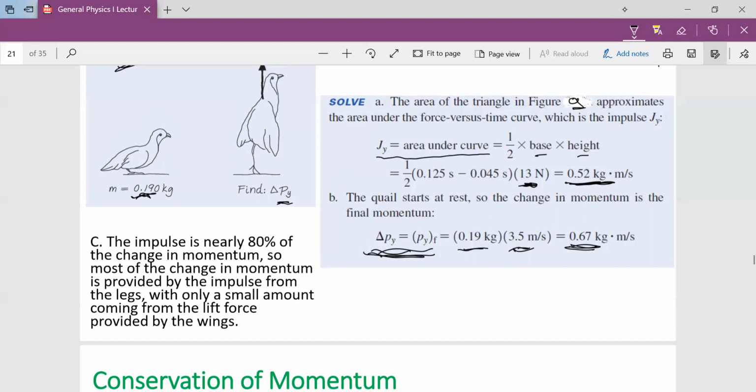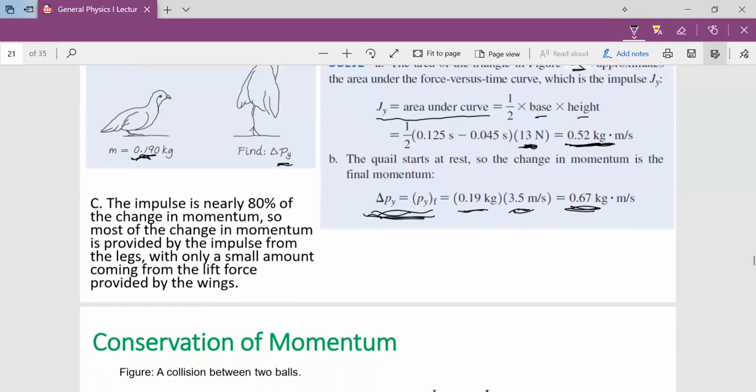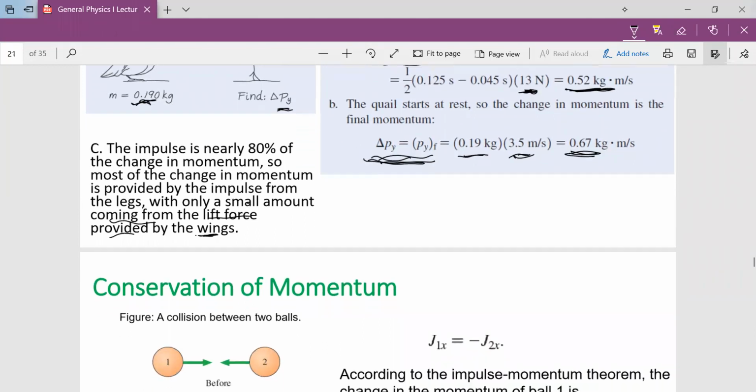Research stated that, so our finding already agrees with that, because 80% of the value of the change in momentum is provided by the impulse from the leg. So from our value, we can categorically state that there's only a small amount of the lift provided by the wing. Majorly, it's coming from the activities of the leg.